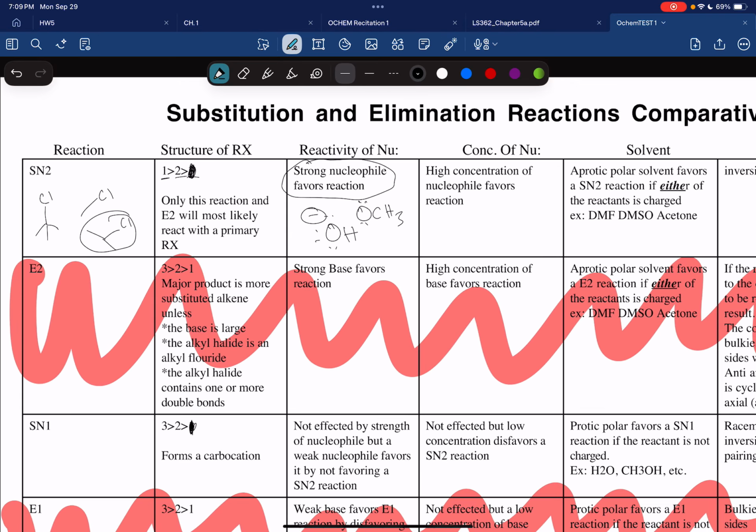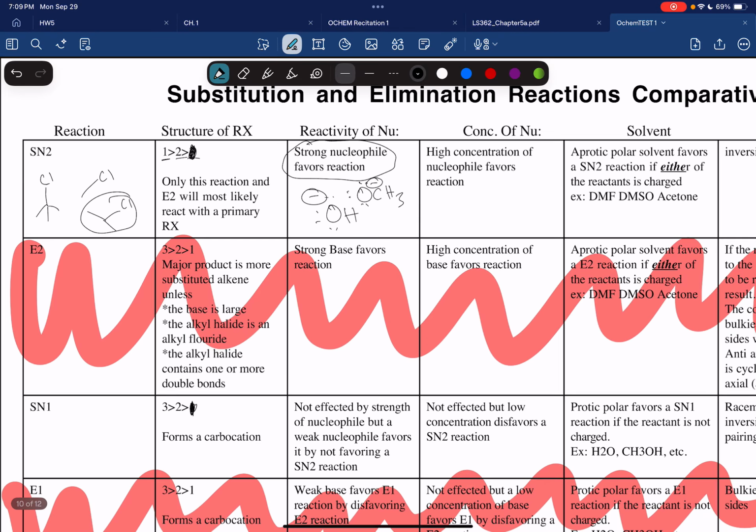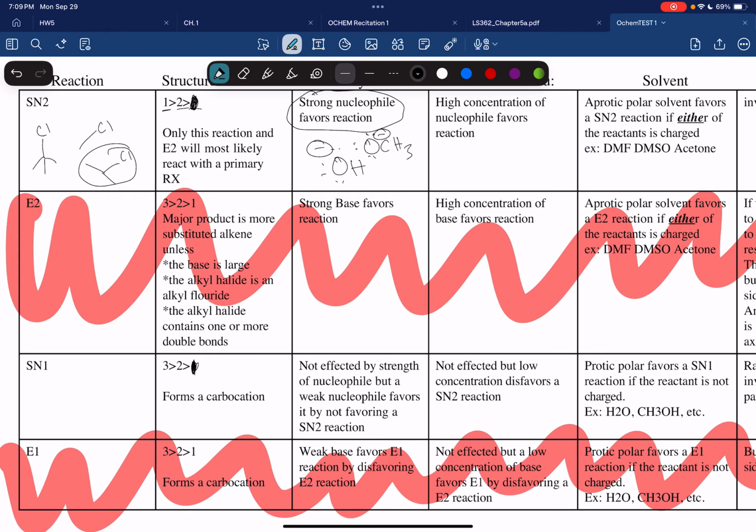OCH3 minus, pretty strong. What favors an SN1? It's not as affected by the strength of the nucleophile, but a weak nucleophile favors SN1 because it's not favoring SN2, if that makes sense. A weak nucleophile will not be a charge, or it will be bigger.